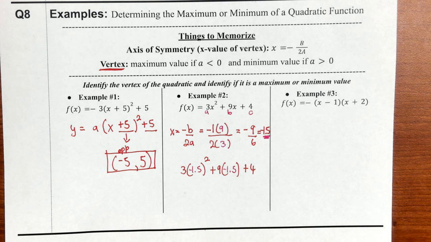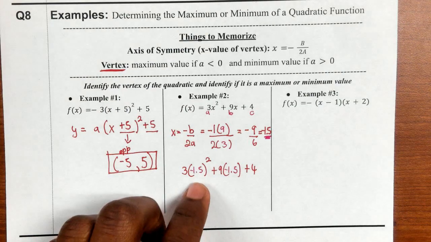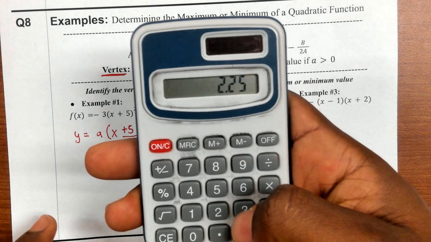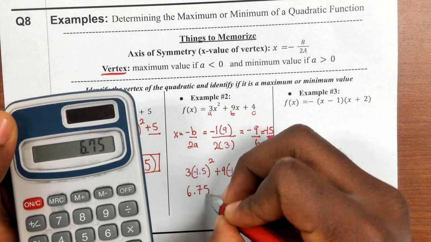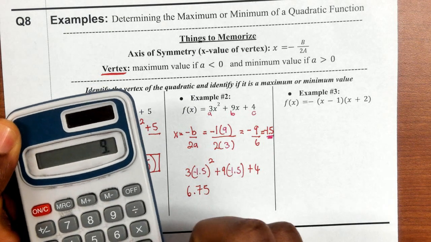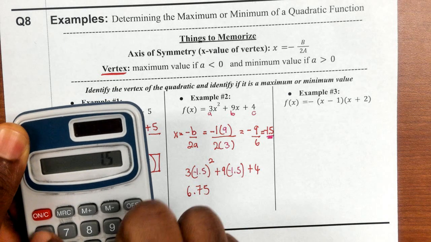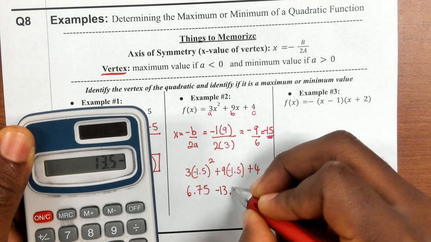Using my very small calculator, I would do negative 1.5 times negative 1.5, which gives me positive 2.25. That's negative 1.5 squared. Then I multiply it by 3, and I get 6.75. 9 multiplied by negative 1.5 will give me negative 13.5.